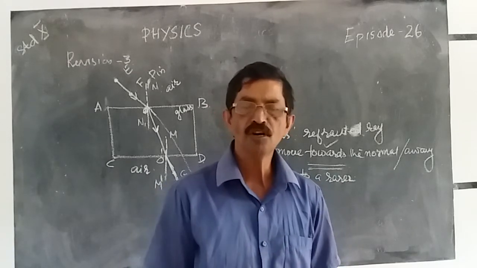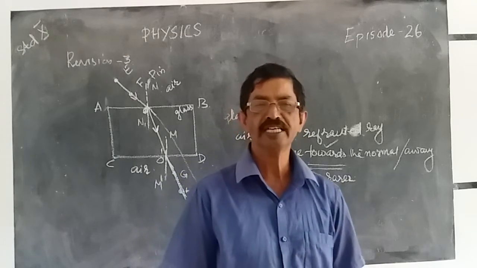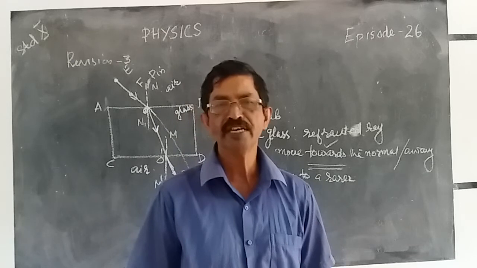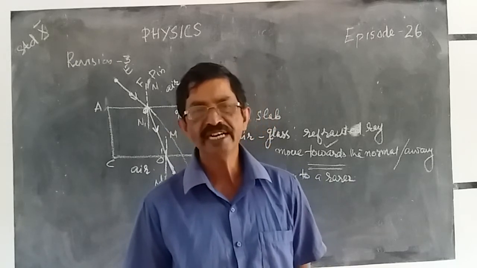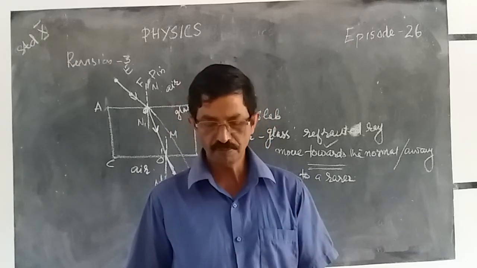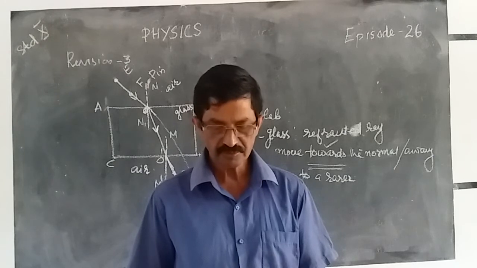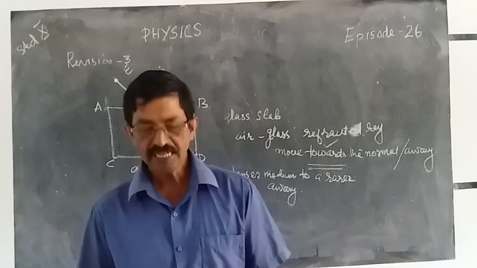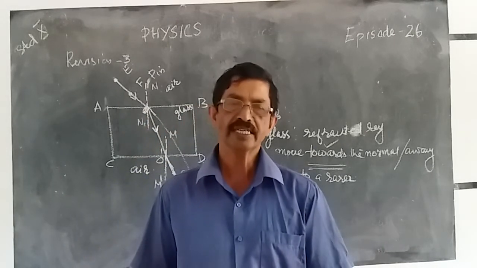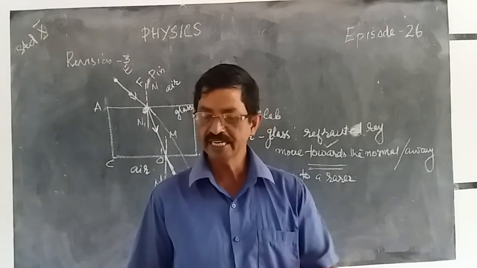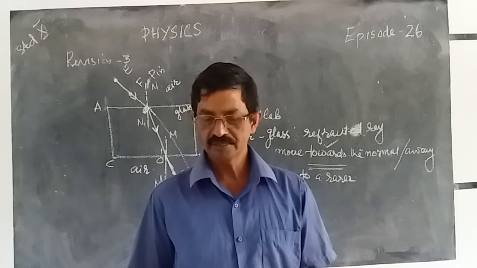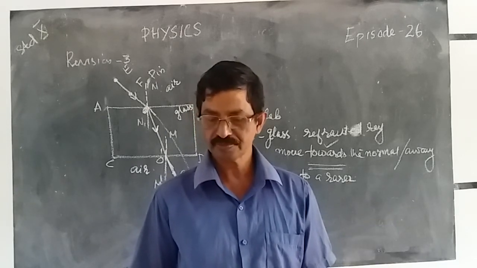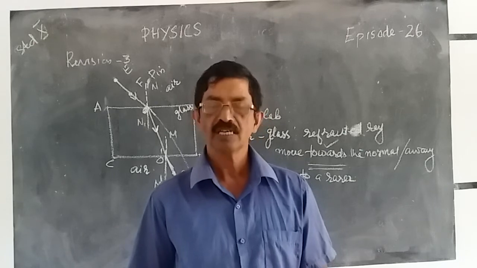It depends on the medium through which light passes. That means the extent of deviation depends on different media at different rates, for different pairs of media.